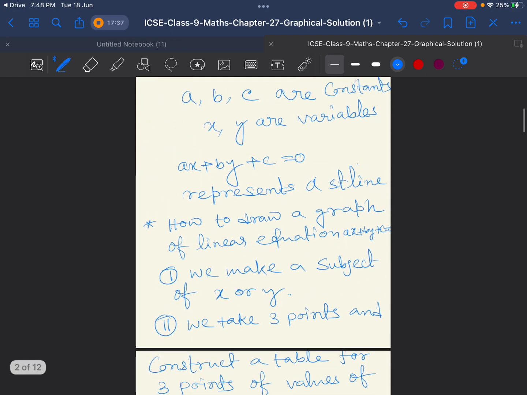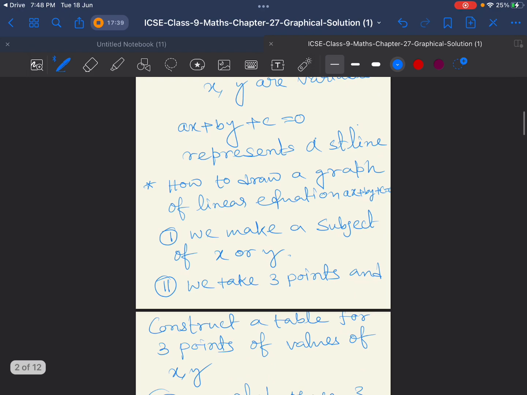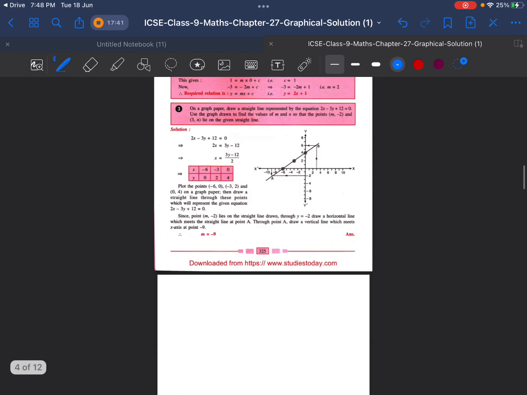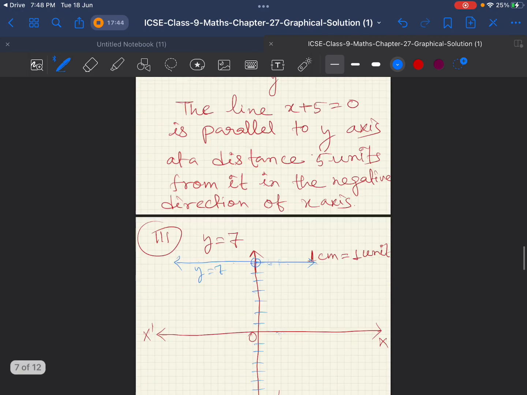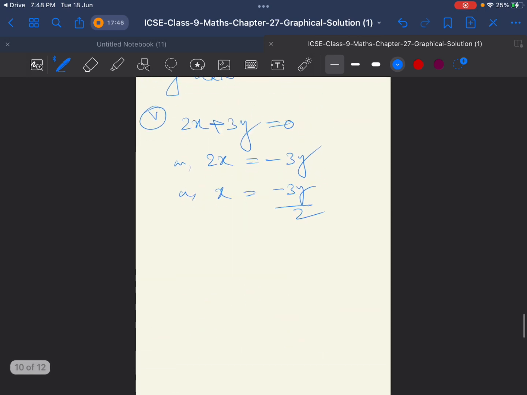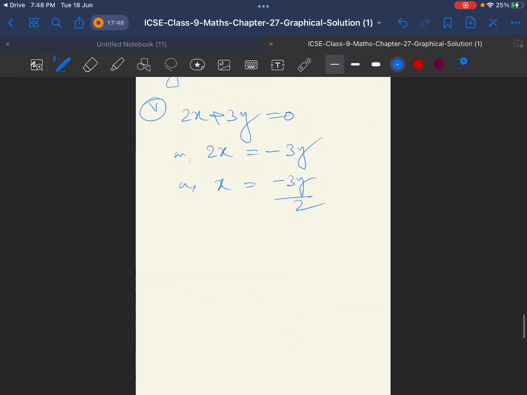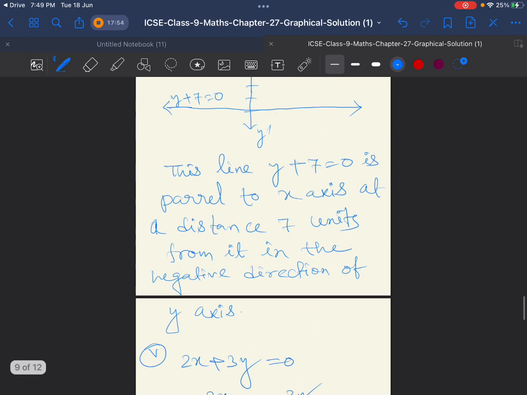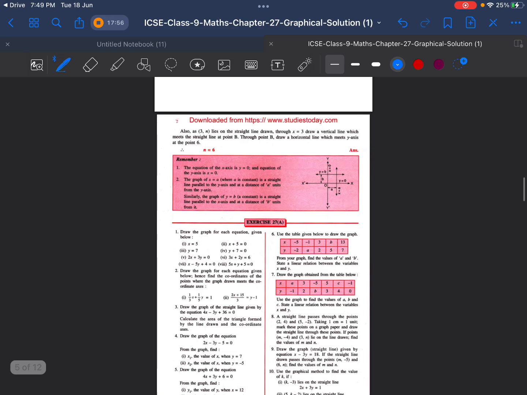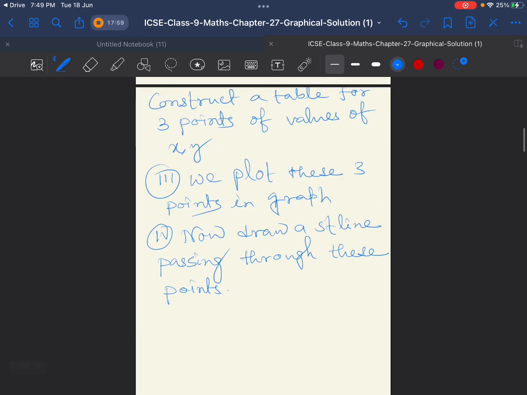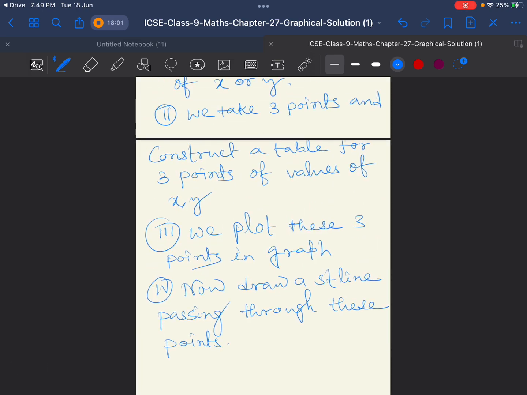So the process to draw a graph is, first we make a subject of x or y. Okay, so first we make a subject of x. Here the subject is x. This is the subject.